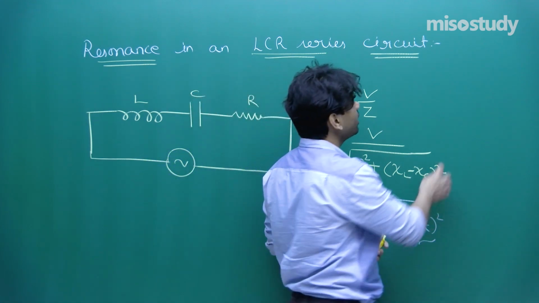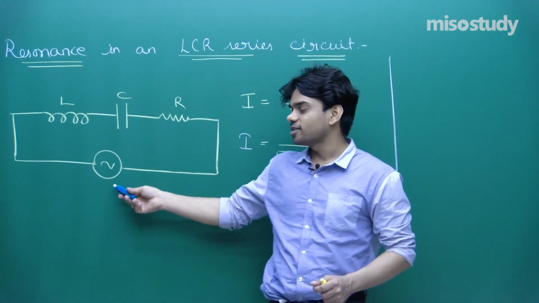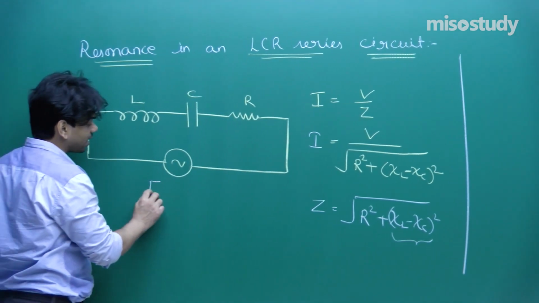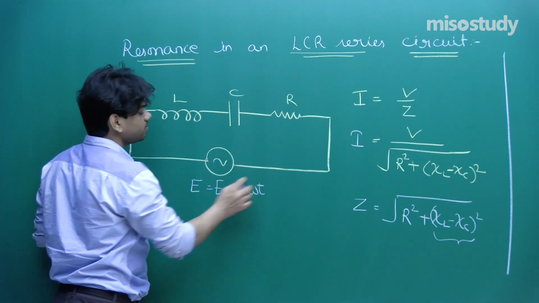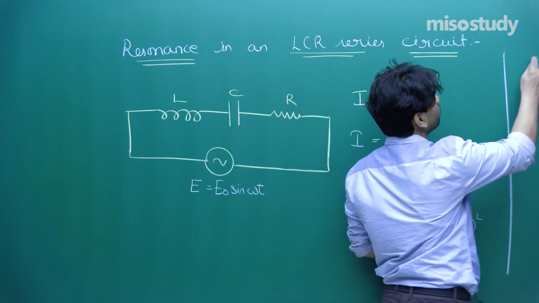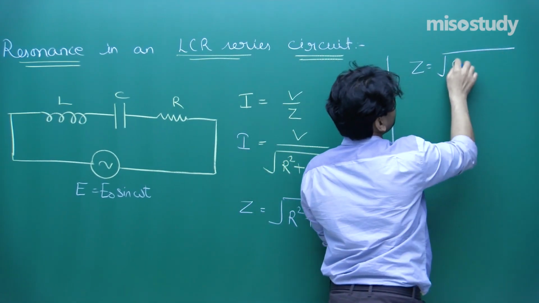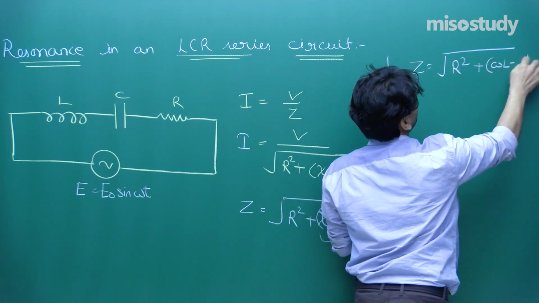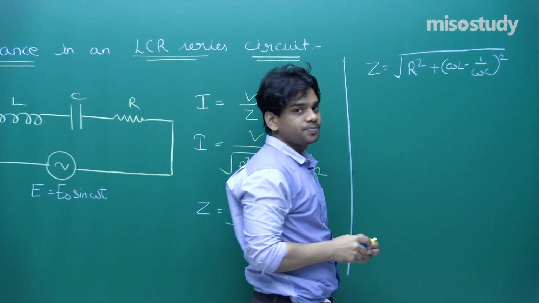By varying the frequency of the applied source, and the potential difference applied by the source is given in this way, if I express Z in terms of the angular frequency of the source, we can write Z equals under root R square plus omega L minus 1 upon omega C whole square. This is what we are going to obtain.